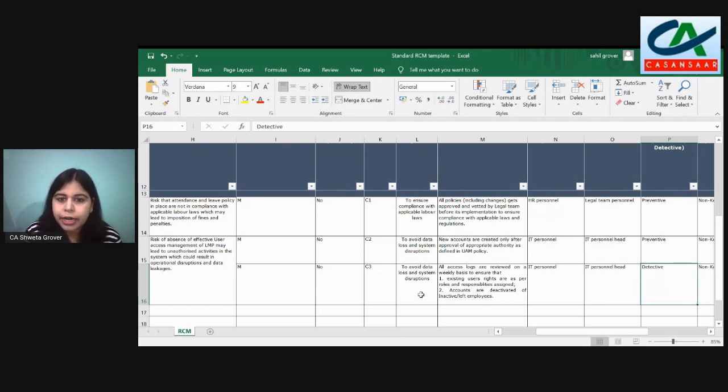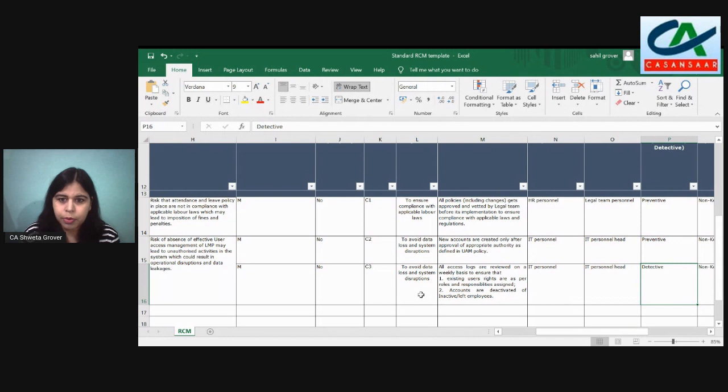Suppose if that weekly process was not in place, nobody would get to know whether all the accounts have been deactivated or not, whether existing user accounts are as per their roles and rights or not. When an existing user account is not as per roles and rights, there could be two reasons. Existing user rights got changed during the year.